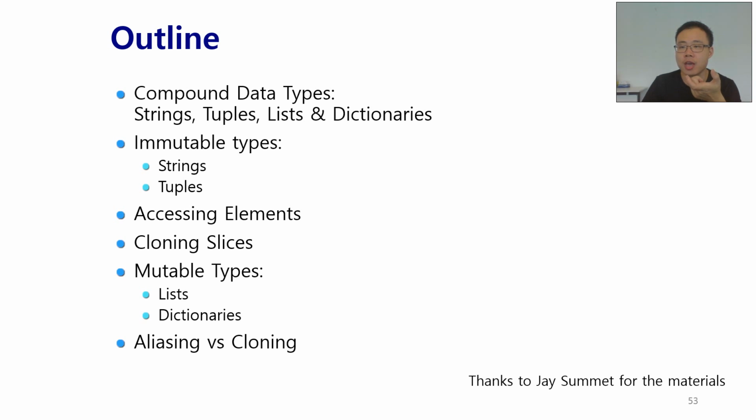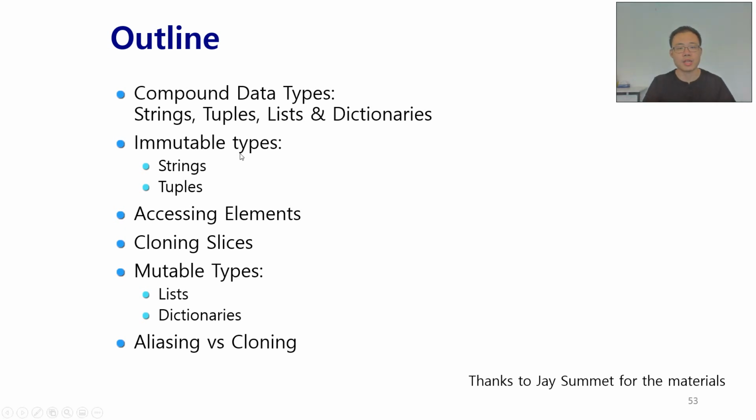The string consists of different elements. The elements are the letters. F is a letter, it's an element. R is a letter. A is a letter, N is a letter, and they combine together, we have a string. So string is a compound data type to store the different elements of the data value. It's the same for tuple, list, and dictionary. We will talk about it.